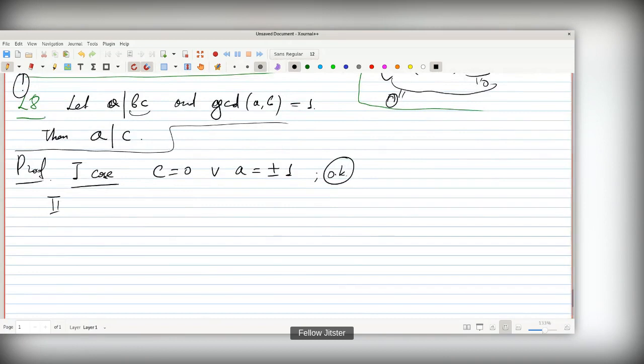And for the second case, we see that neither C equals 0 nor A equals plus or minus 1. Now I want to prove that B is non-zero as well.